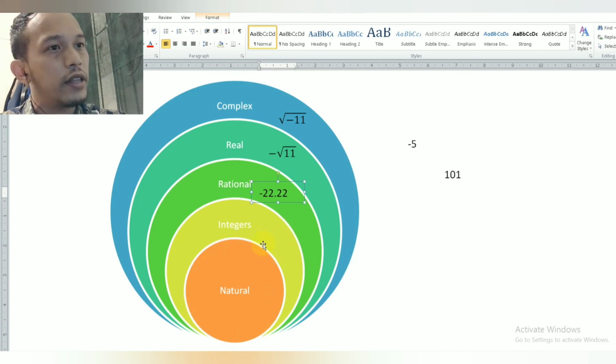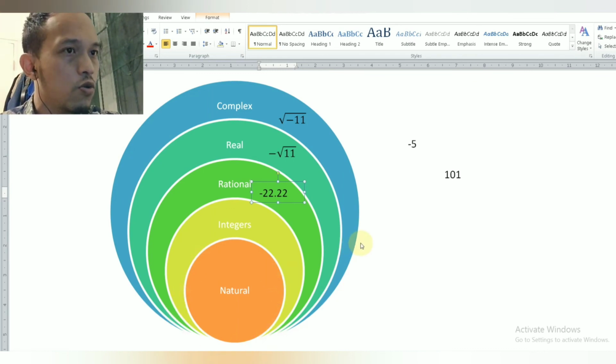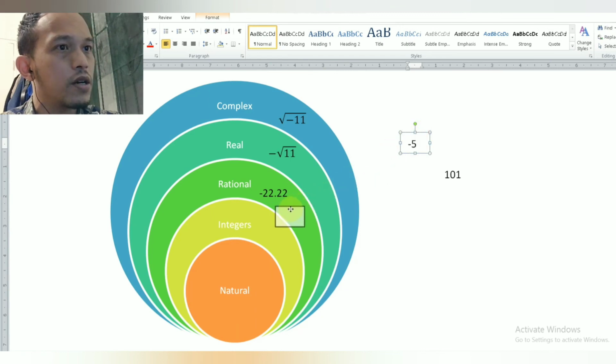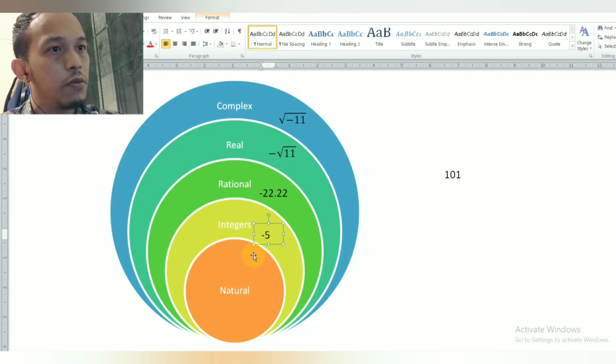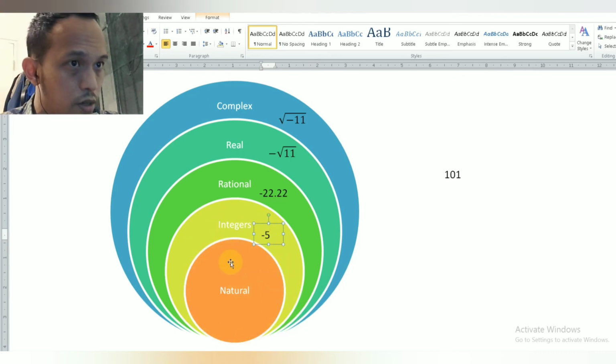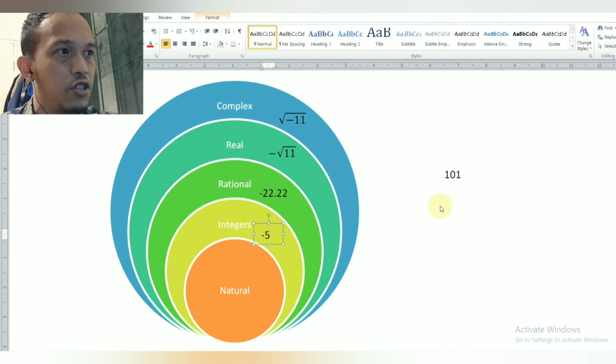Now, don't forget that natural numbers, our counting numbers, begin with 1, 2, 3, 4, 5. Natural numbers don't include 0 and negatives. So it means all negative numbers and 0 integers belong to the yellow one. The yellow one is the 0 and the negative integers, but this one is the positive integers.